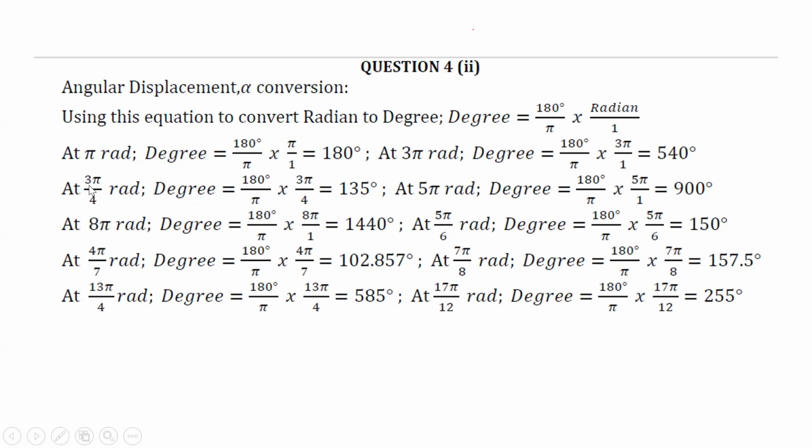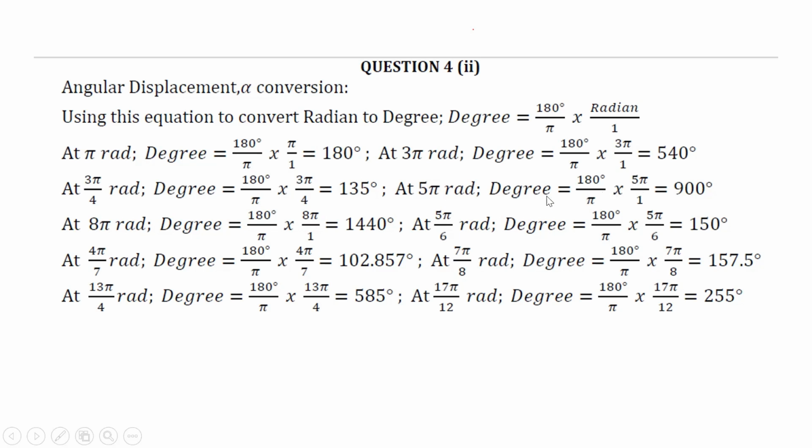For 3 pi over 4, 180 over pi times 3 pi over 4. Pi will cancel out, 4 will divide 180 and becomes 45. 45 times 3 is 135.